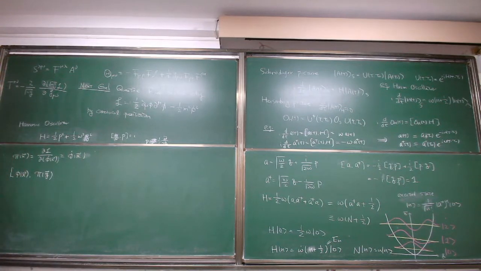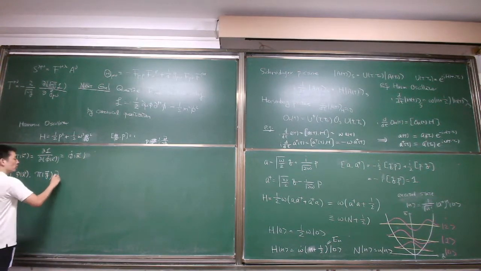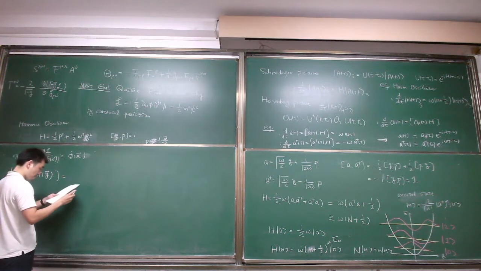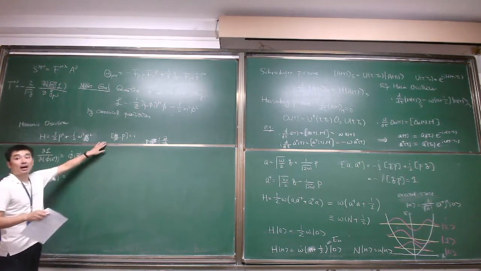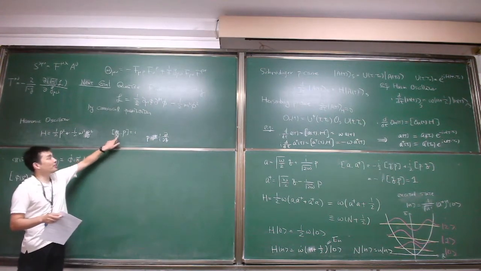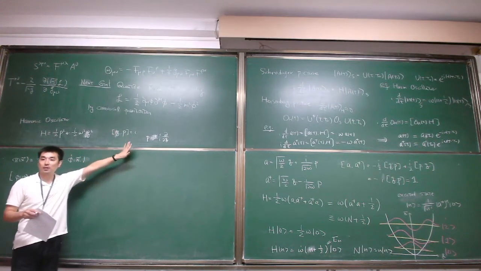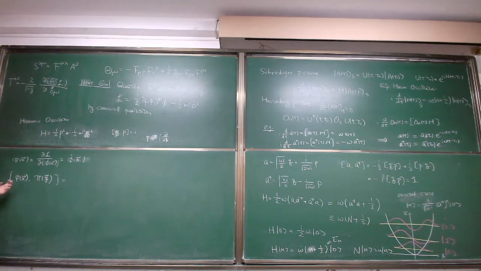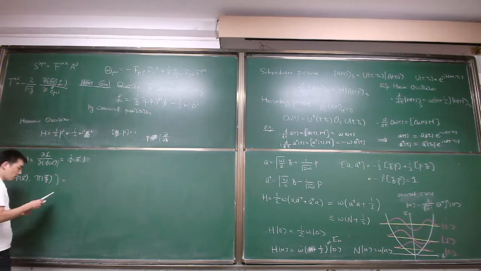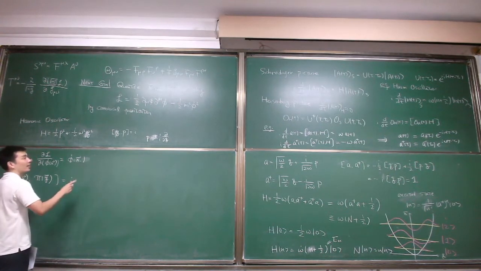So therefore, we can impose the canonical quantization as the following. Here the coordinate and momentum are operators, and you introduce the canonical commutation relation. So we will do the same thing: phi corresponds to q over there, and pi corresponds to p there. And then the canonical commutation relation is i, as over there.